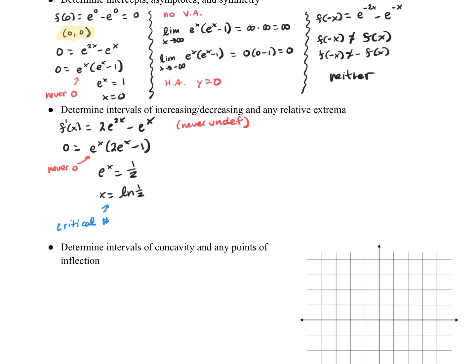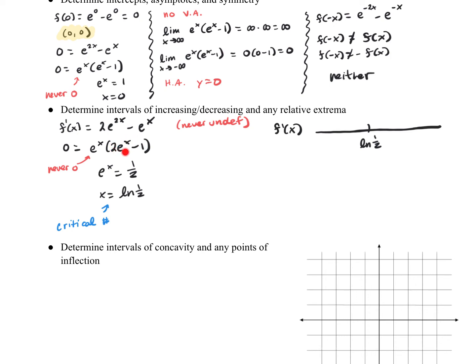Okay, so we're going to do a little bit of sign analysis with our critical number. So here is the natural log of 1/2. And when we're doing this sign analysis, remember that e to the x is always going to be positive, so we're really just doing a sign analysis for this other factor here. So the natural log of 1/2 is about negative 0.7. So if you plug in any value into this factor or your entire function, either way would be fine.